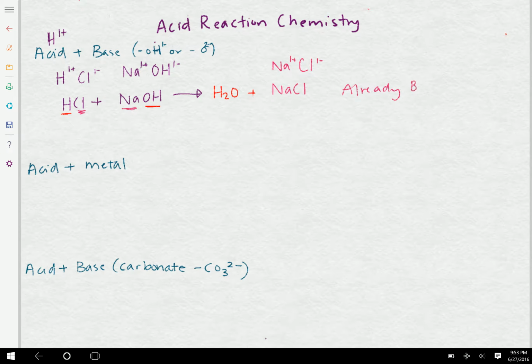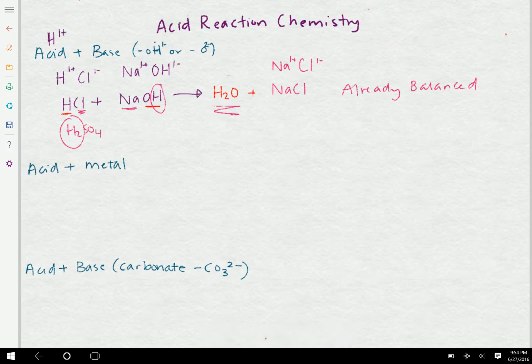So I've already got a balanced reaction. Now, if this had been something like sulfuric acid, H2SO4, I would still have water as one of my products, and I would take into account the fact that I have two hydrogens there and one there when I do balancing.